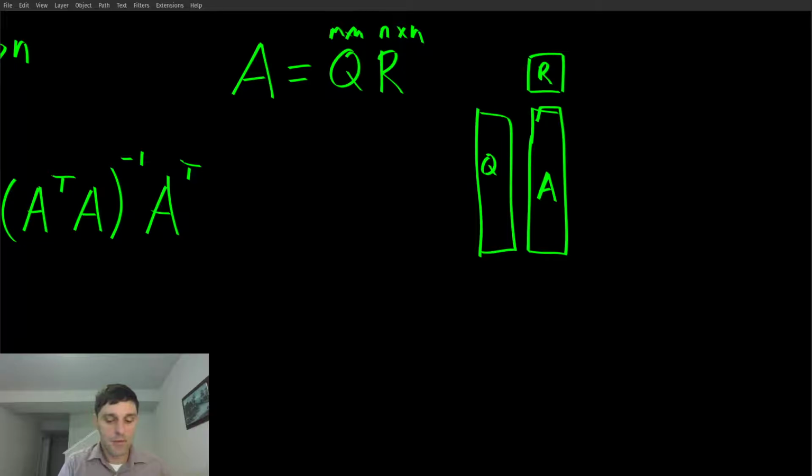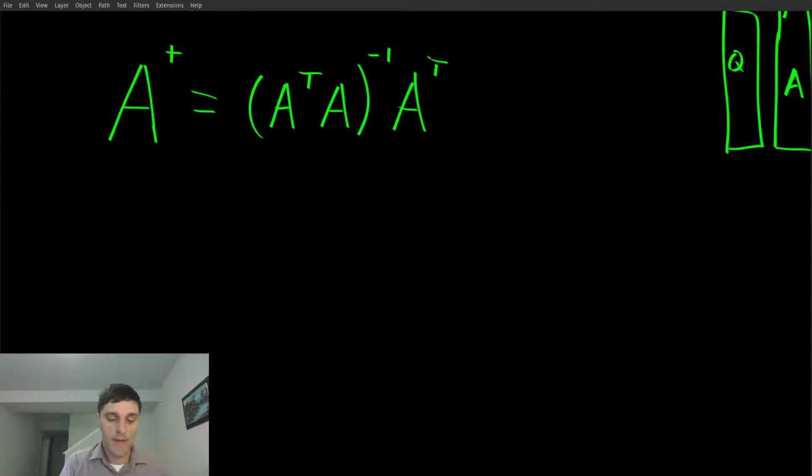If A is equal to QR, then we can insert that into this formula over here. Actually, before we insert it directly, let's talk about A transpose A inverse.